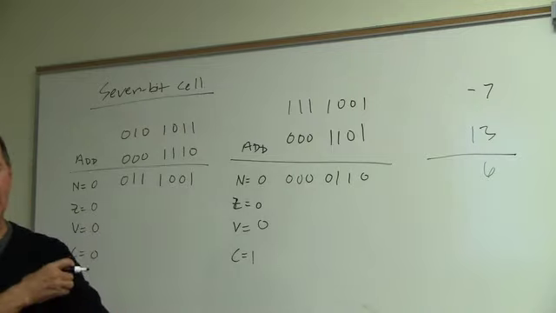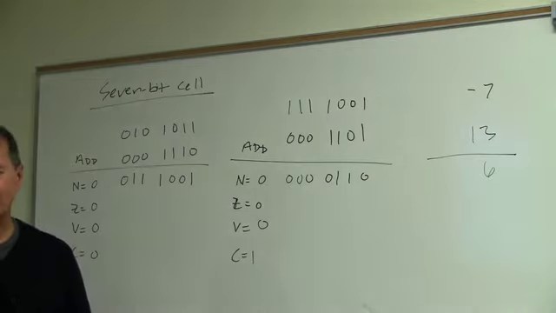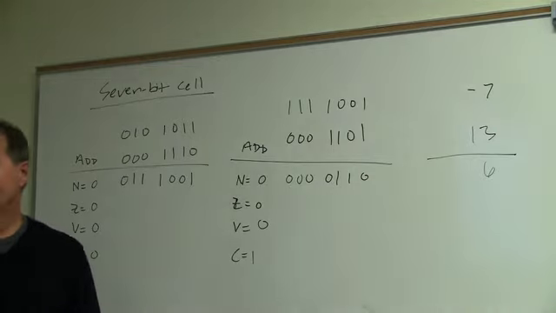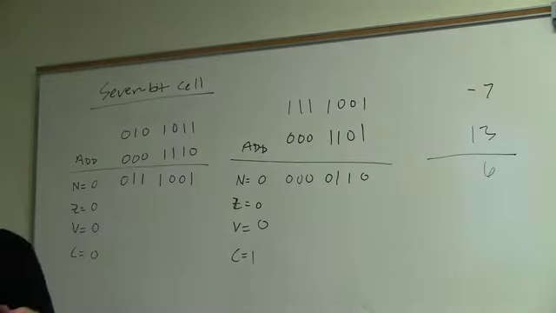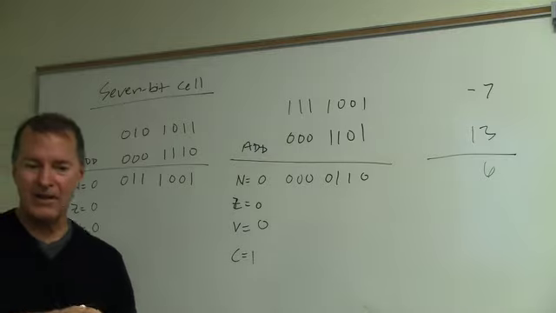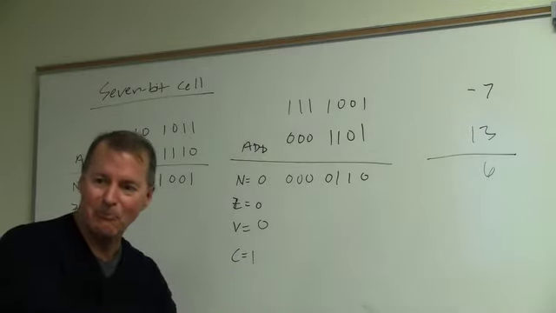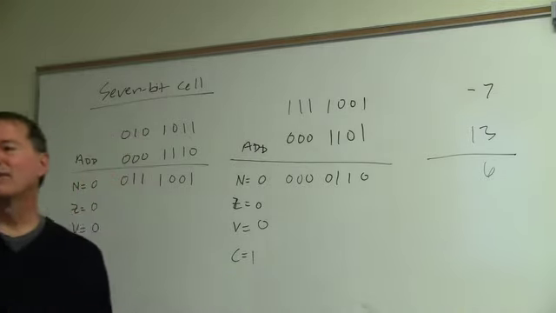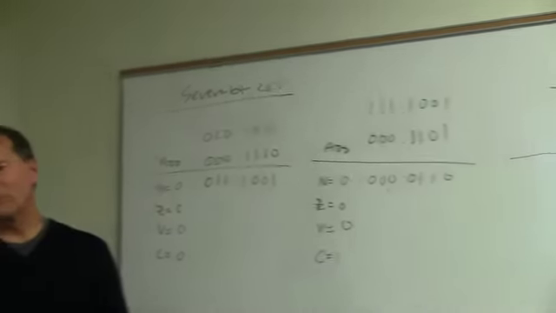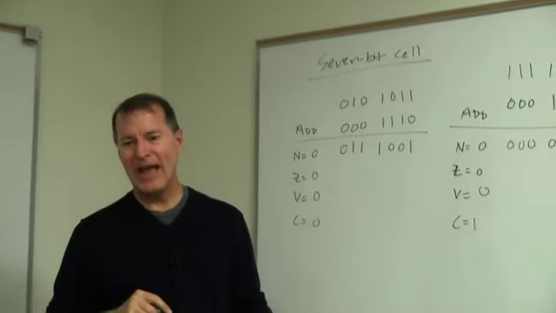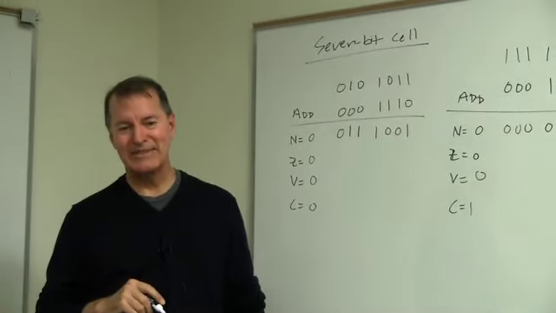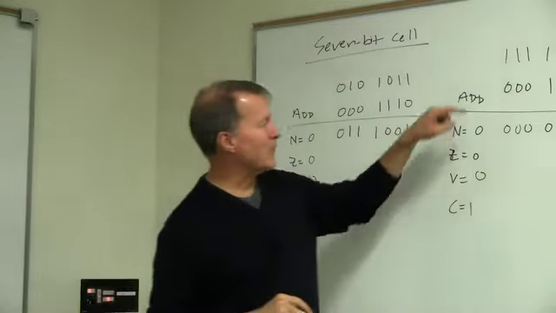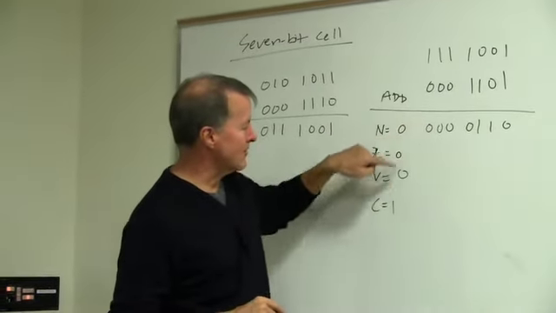The only way that can happen is if you add two negatives and you get one that's even more on the negative side, or you add two positives and you get something that's more on the positive side. Can you ever get an overflow when you're adding a negative and a positive? Never. So right away, V is always 0.